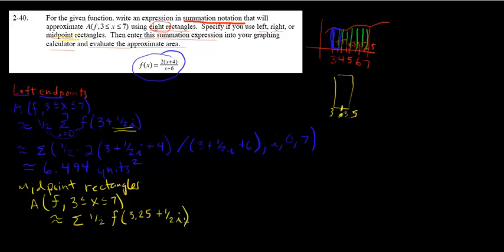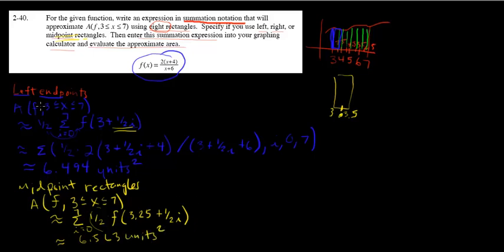This gives us our base of 1/2 and the midpoint height. Again, we start at i equals 0 and stop at 7. We plug into our calculator the same way and get approximately 6.563, units squared.